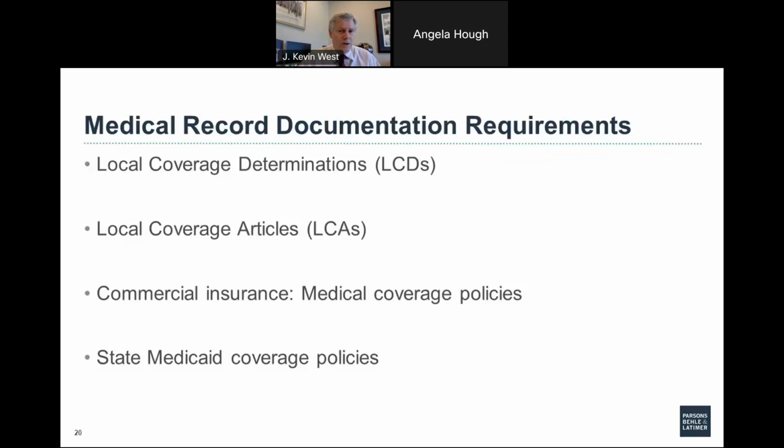And when I get a blank look, or they ask me what's an LCD, I immediately am fearful that we are in a very difficult situation, and that the doctor, in fact, is billing in a way that his documentation is not going to support coverage. So I cannot emphasize too much how important these documents are.